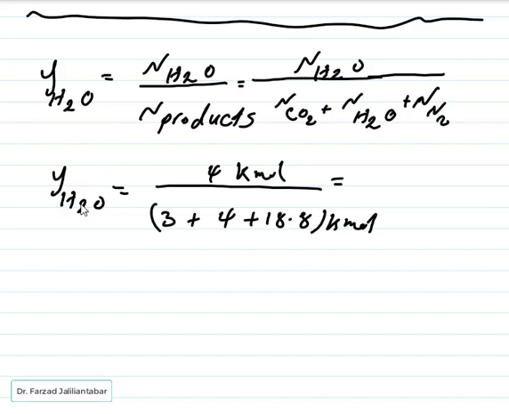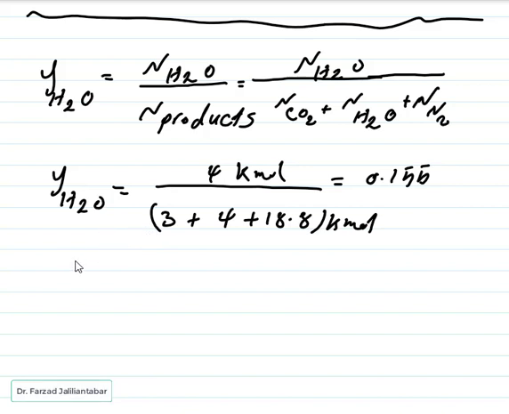So the mole fraction will be like this: 0.155 for the mole fraction of the H2O in the products.